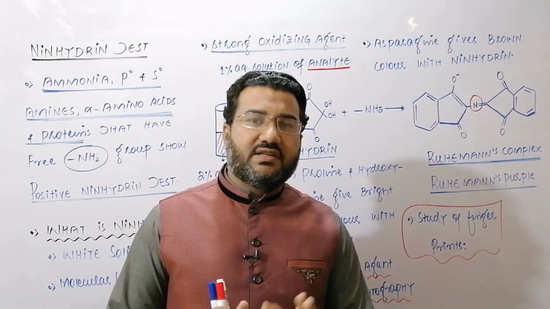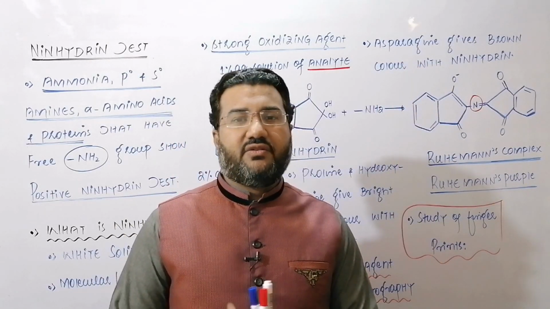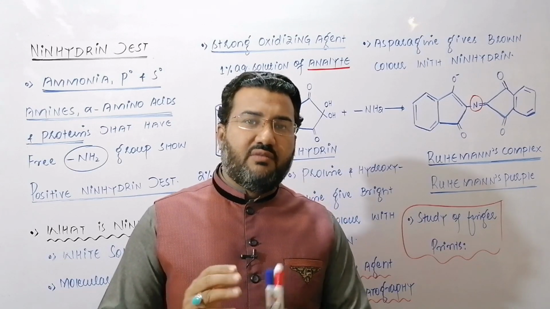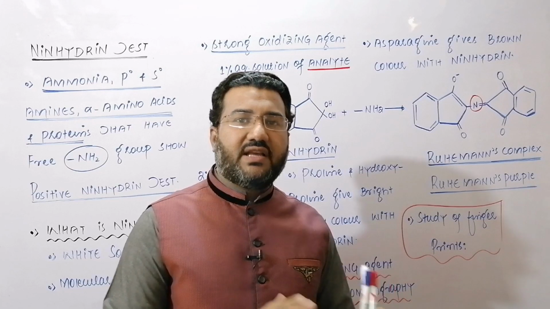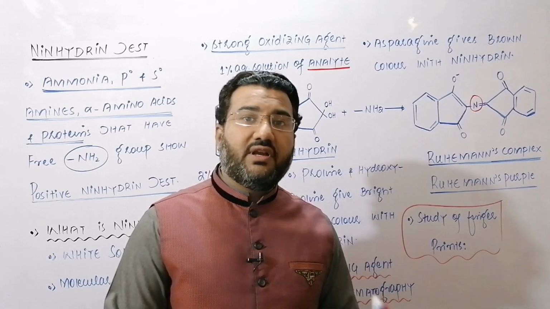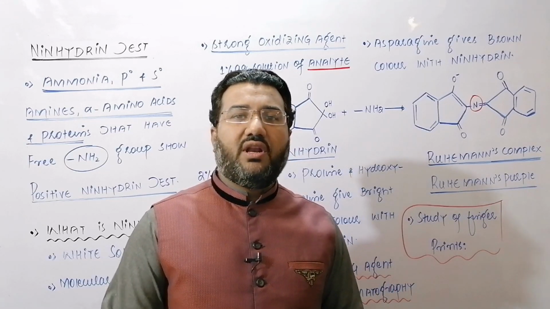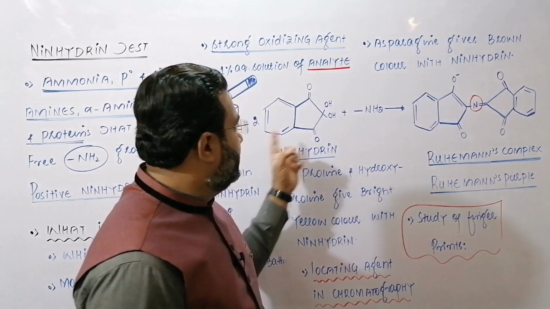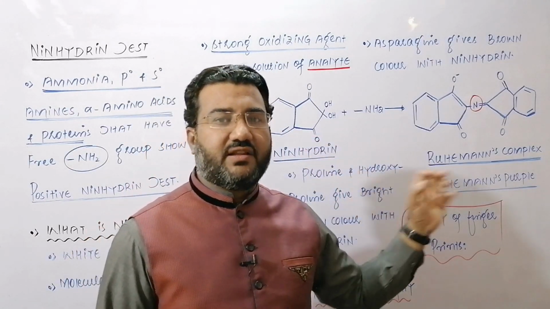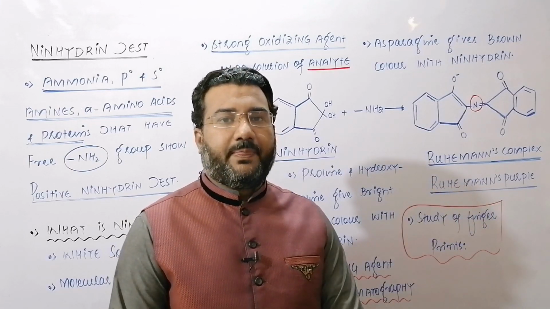So my dear students, there are 20 standard amino acids, out of which proline and hydroxyproline give bright yellow color with ninhydrin. Asparagine gives brown color with ninhydrin, while all other amino acids give the blue color and react in this fashion with the ninhydrin and form the Ruhemann's complex.